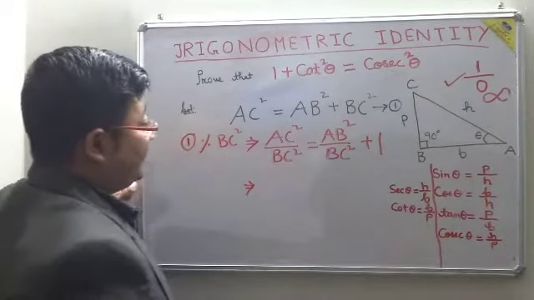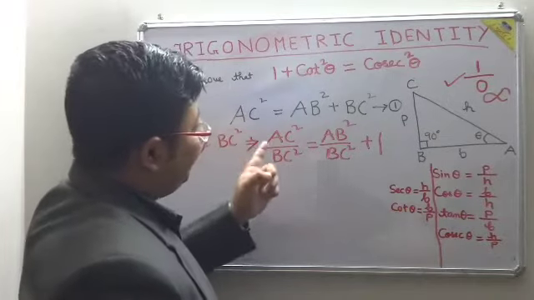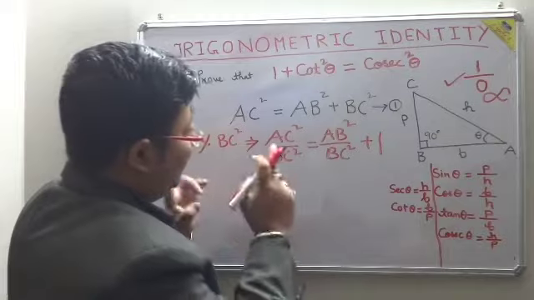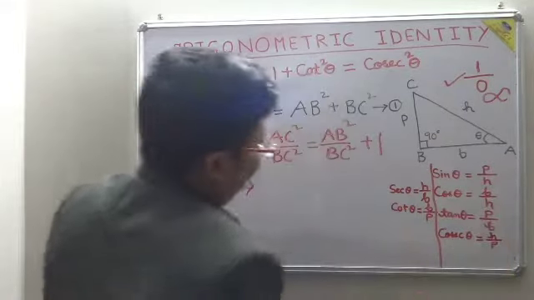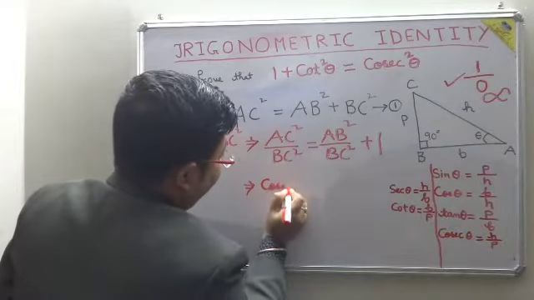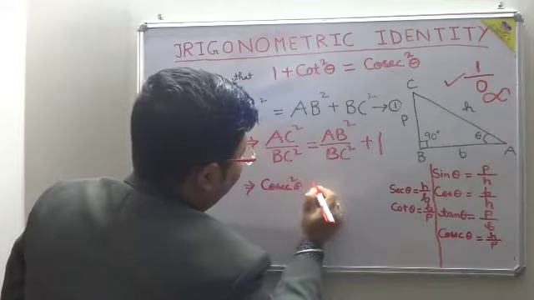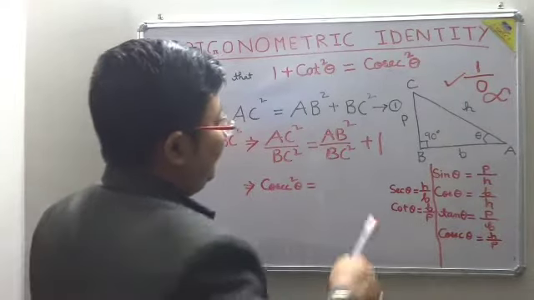So I will directly write here: AC means hypotenuse, so hypotenuse by perpendicular whole square means cosec square theta, will be equal to AB by BC, means base by perpendicular.